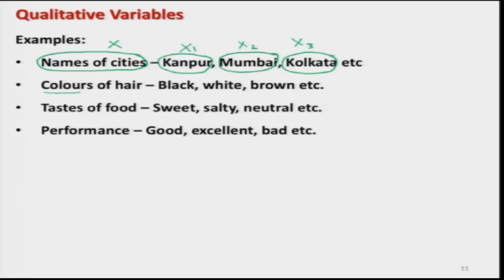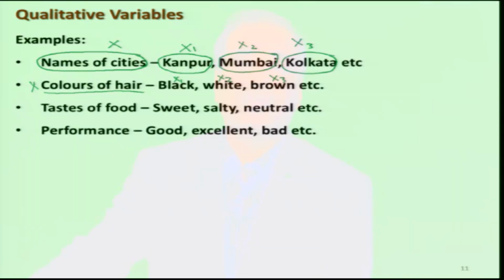Similarly, if I take another example, say I want to record the colors of hair. They can take different values, say black. So, I can denote black by capital X1, white by capital X2 and brown by capital X3, denoting the first, second and third values which the variable can take. I can understand that the colors of hair are black, brown, white or something else.